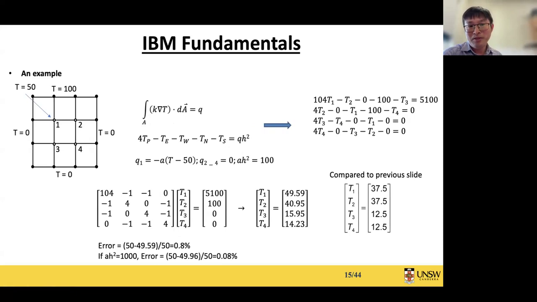And then this alpha H square is 100, and we similarly develop that control volume equation. We solve that equation, we get the solution. You can see that T1 here is 49.59, and our target is 50. It's very close. And we can increase this feedback coefficient to get more accurate outcome.